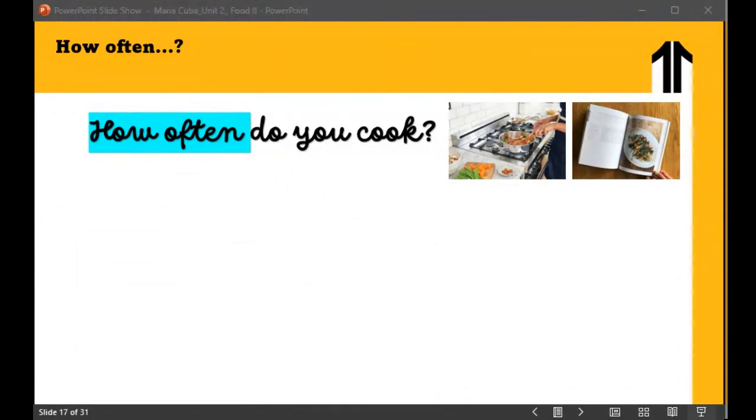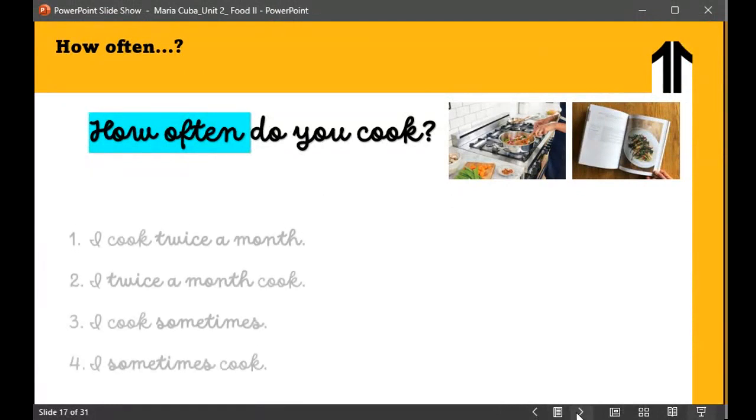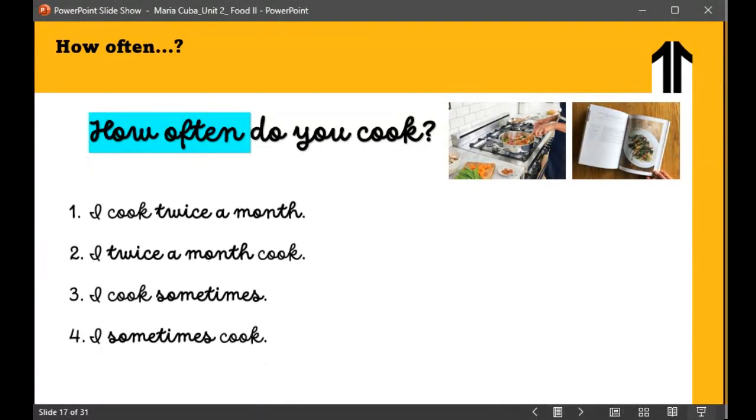and you're going to have 1 or 2 minutes to think about the following possibilities. You're going to help me saying which sentence or sentences are correct. Ready? These are the possibilities. These are the alternatives.